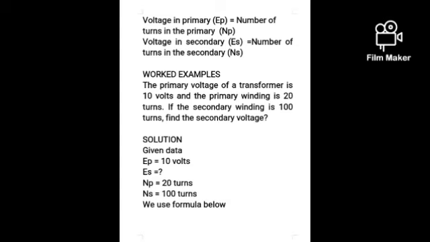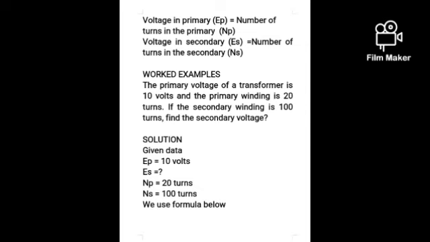Now let's look at some examples. We are told that the primary voltage of a transformer is 10 volts and the primary winding is 20 turns. If the secondary winding is 100 turns, find the secondary voltage. What you need to do is bring out the data one after the other, so that you will be able to know, okay, this one is missing, so this is what I'm looking for.